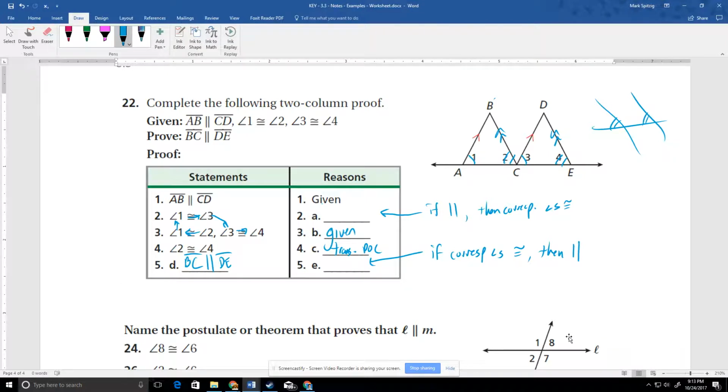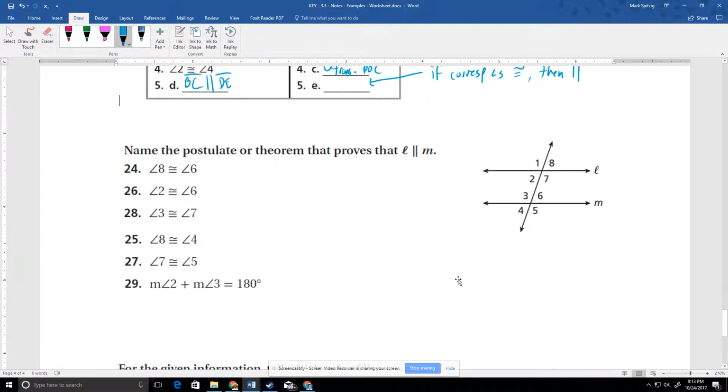Right? This one we said, oh, we knew that they were parallel, so the corresponding angles were congruent, was my conclusion. This one we're saying, if the corresponding angles are congruent, which I knew, then I can conclude that the lines are parallel.